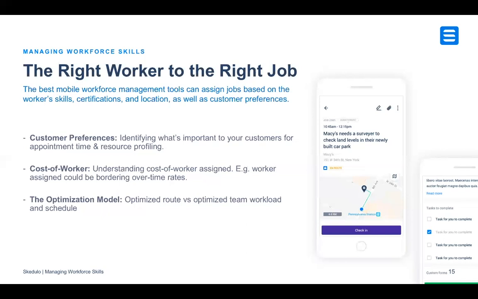So some organizations also have preferences around assigning work to their full-timers first, before they assign work to their part-timers, before they assign work to their casuals, before they assign work to their contractors. Understanding that cost of worker is really critical in moving the needle in having a good workforce management solution.